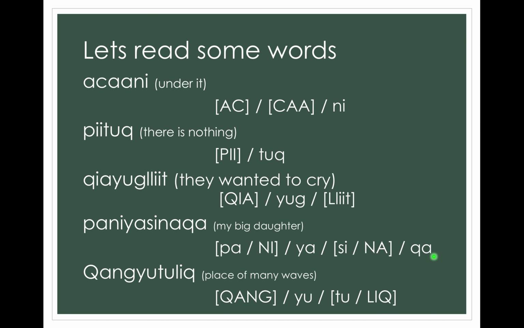And ka is a stray syllable. Paniyasinaka. So, ni is stressed and lengthened because it's open and it's stressed. It's not at the end of a word. And if we look at the next stressed syllable, na, it's also open and not at the end of a word. So it's also lengthened.